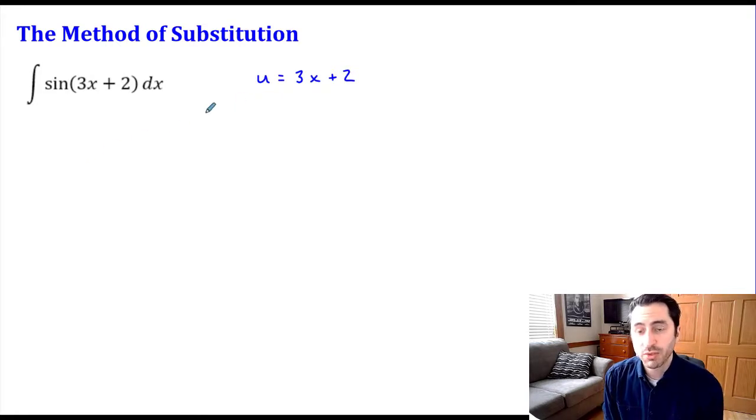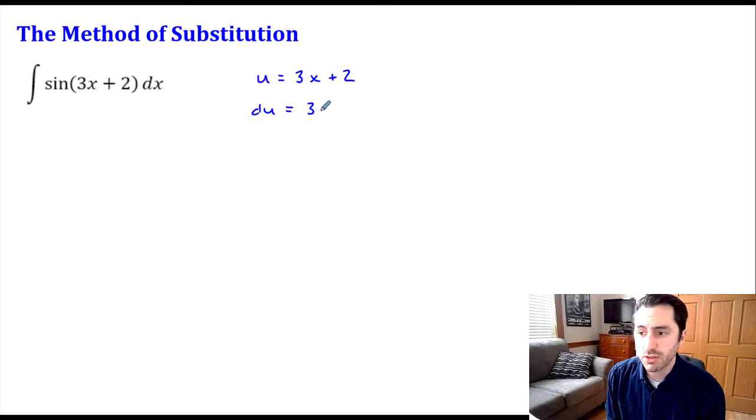With the method of substitution, the other additional thing we need to do is replace the dx. To do that, we are going to find the derivative of my expression for u. So if we take the derivative of u, so du, we can just use our standard derivative rules. The derivative of 3x is just 3, and then the derivative of 2 is going to be 0.